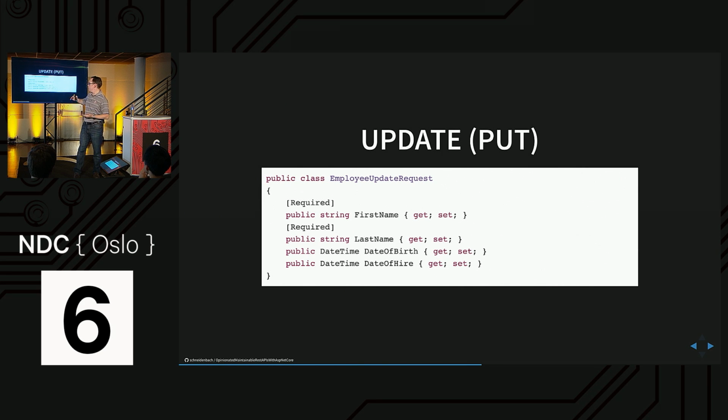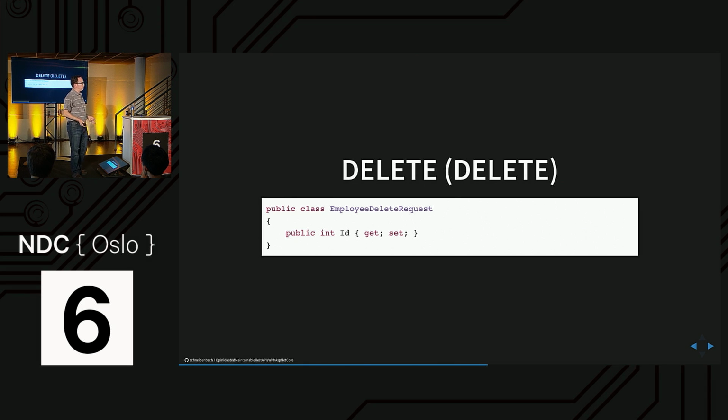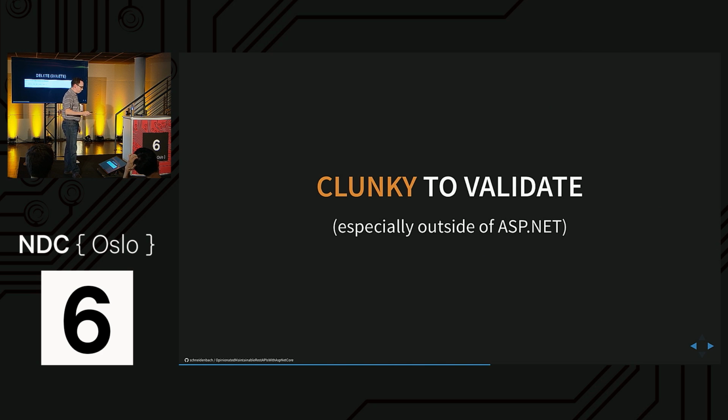I'm not actually setting that property at all. It's not something that ASP.NET becomes aware of. Even if they post a birth number, it doesn't matter because it's deserialized as just an object that C# is aware of, but birth number gets thrown away, right? And then we can do a delete request where we simply say, hey, we just want the ID of the request, and then something on the other end can handle that, okay?